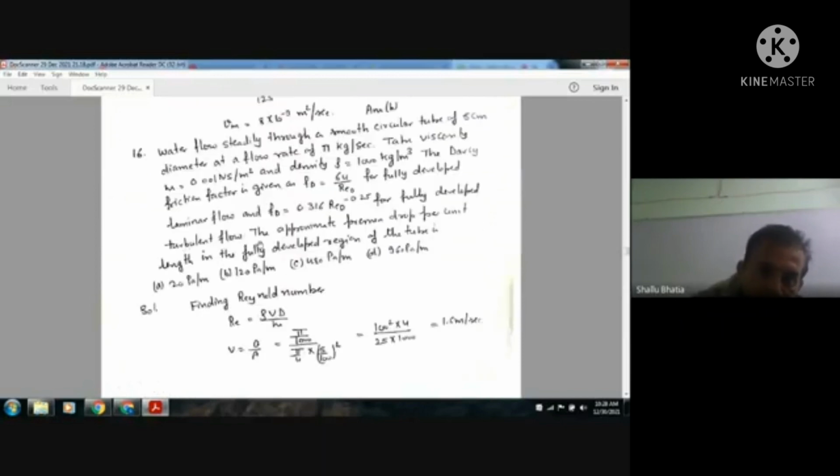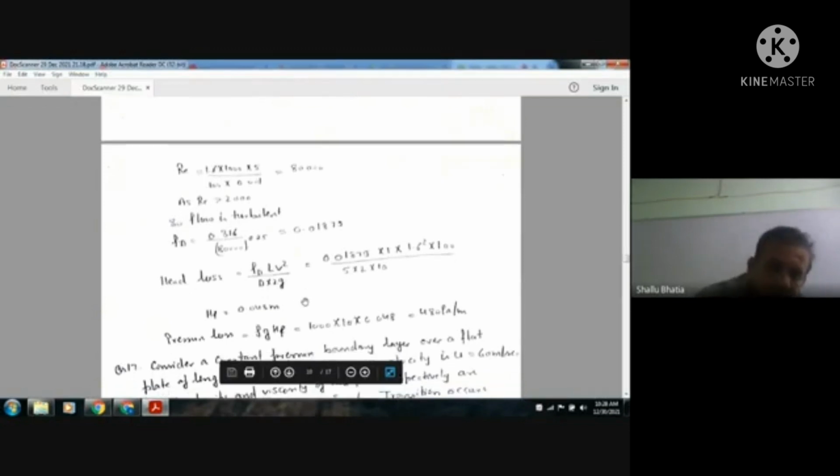So Fd is 0.01879, and once Fd is known, then we can find out head loss, that is Fd L by D times V square by 2g. When friction factor is given, then you have to use f L V square by 2D. When coefficient of friction is given, then you have to use 4f L V square by 2D.